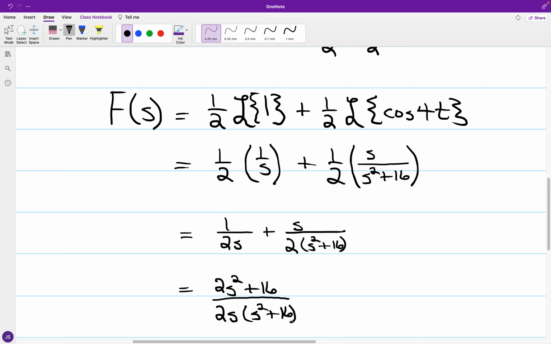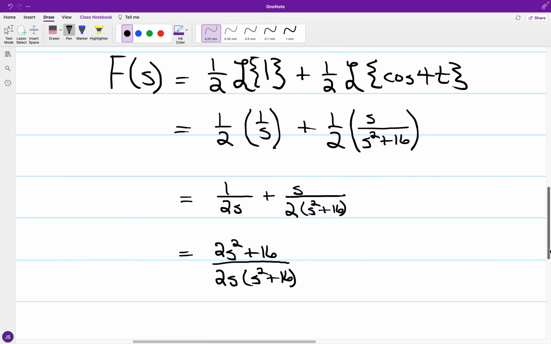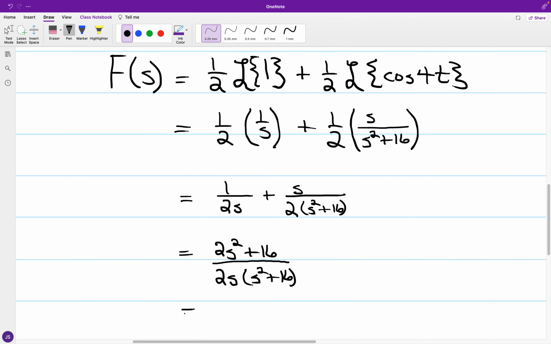And if you notice, we have even leading coefficients throughout. And if I consolidate in simplified terms, taking 1/2 of the numerator and denominator, this will come out to s squared plus 8 all over s times the quantity of s squared plus 16.